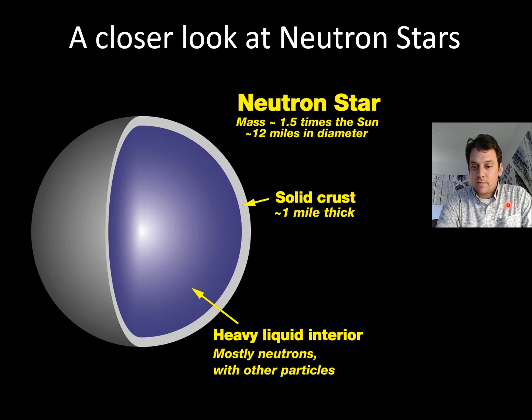Firstly, the mass of neutron stars will vary, but a good estimate for an average is something around 1.5 times the mass of the Sun. One very interesting question that is still outstanding today and is the subject of quite a bit of modern research, both in theoretical and observational physics and astronomy, is what is the possible maximum neutron star mass?